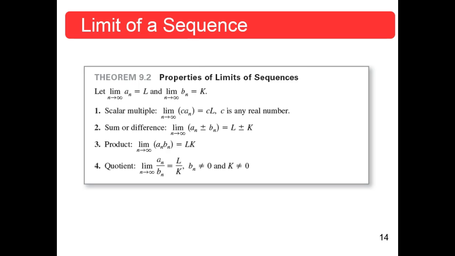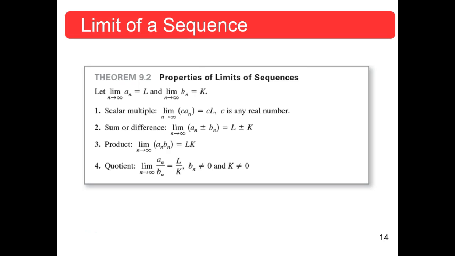As big as you want c to be or as small as you want c to be. Sum or difference: the limit as n approaches infinity of a sub n plus or minus b sub n would then be L plus or minus K. You can take the limit. The sequences are basically linear in nature. Product: the limit as n approaches infinity of a sub n times b sub n is L times K. All this hopefully is making perfect sense.